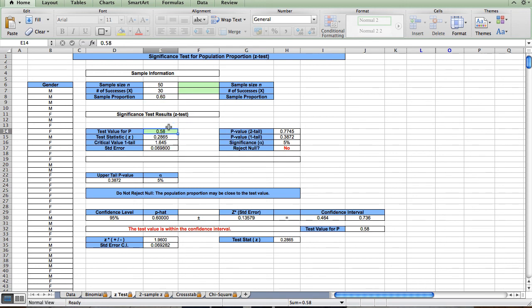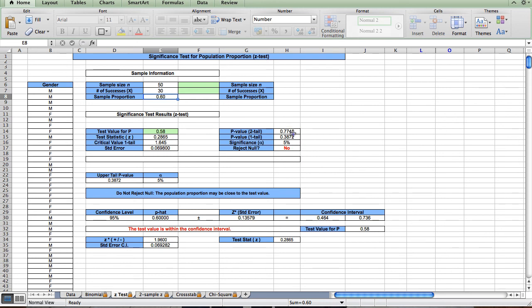I'm setting up a null hypothesis, which is simply a hypothesis statement about the population proportion, a what-if scenario. So if the population proportion is 0.58, what is the significance of the sample proportion of 0.6?